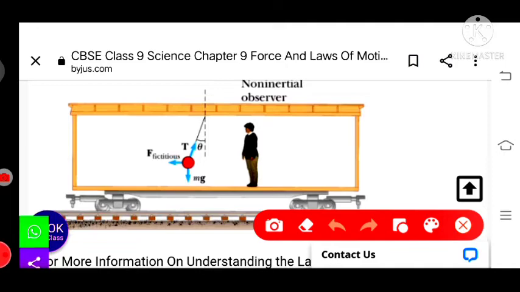So this ball is headed in this direction.